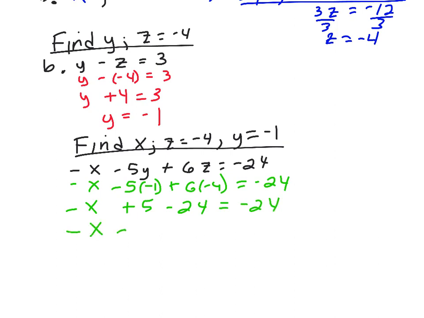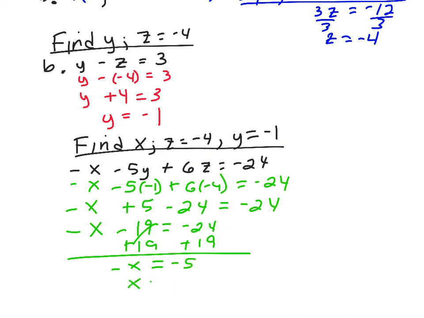So negative x, and 5 minus 24 is negative 19, equals negative 24. Add 19. So we get negative x equals negative 24 plus 19, which is negative 5. Divide by negative 1 and we get positive 5.